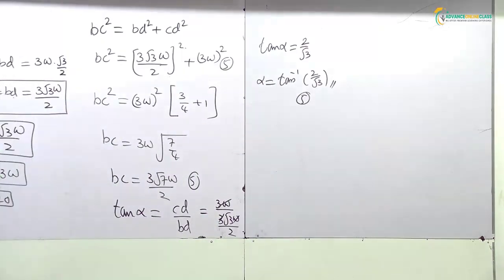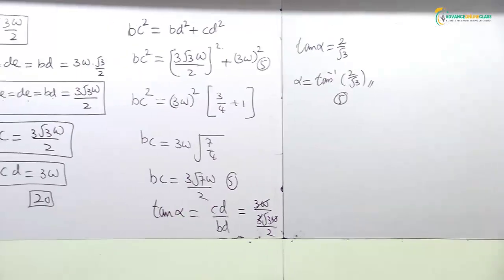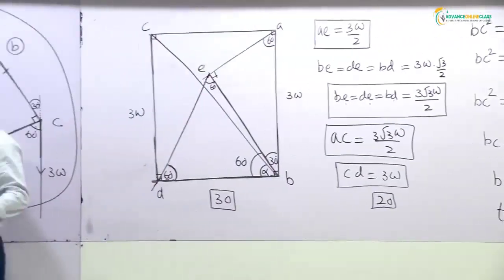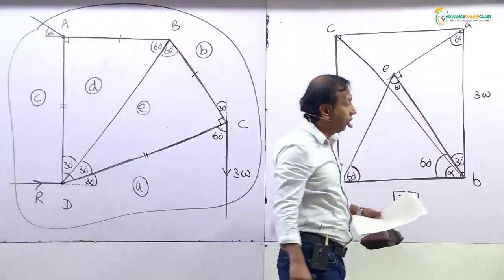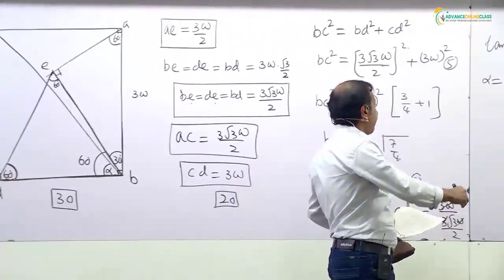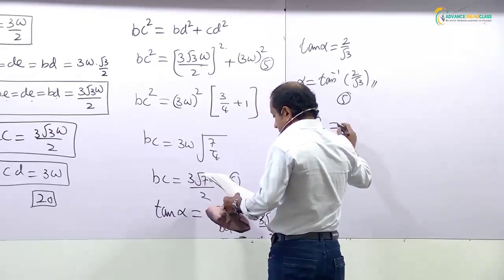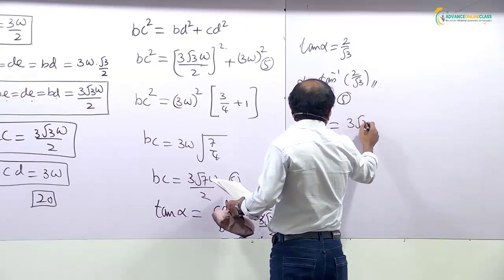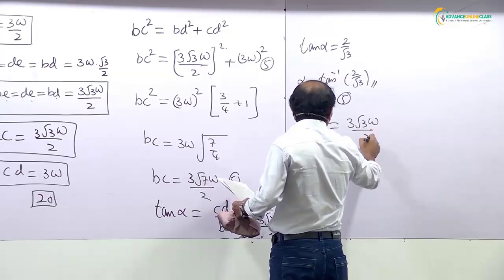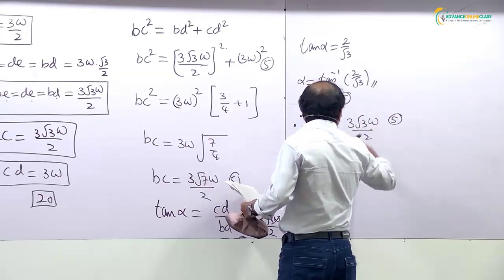Then you must write the final answers for R, this reaction. Therefore, R is 3 root 7 W by 2. For this, you get another 5 marks.